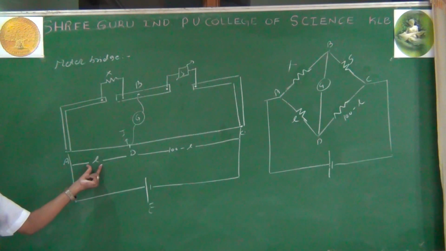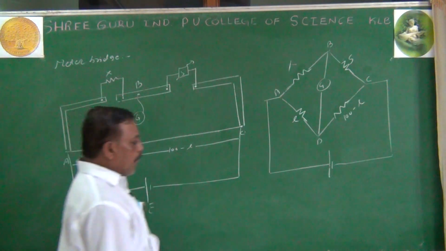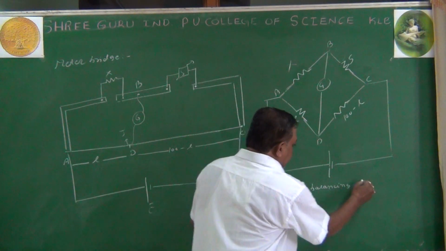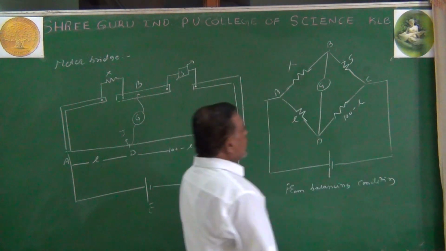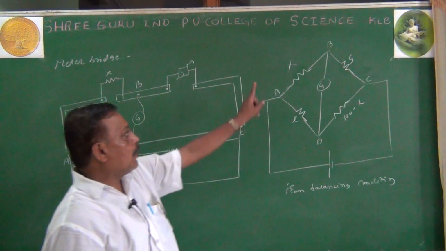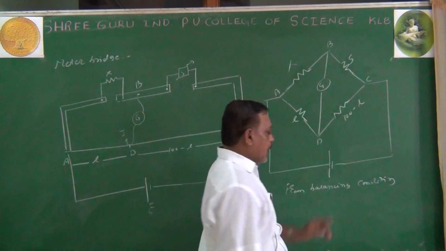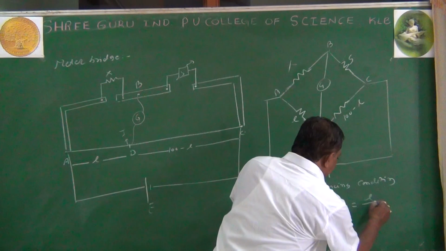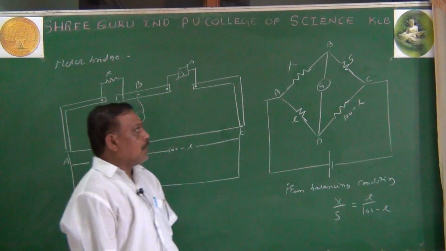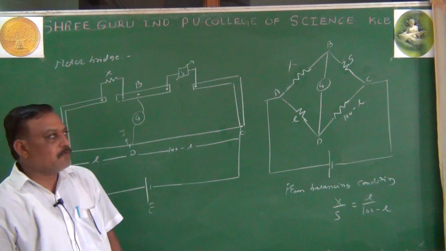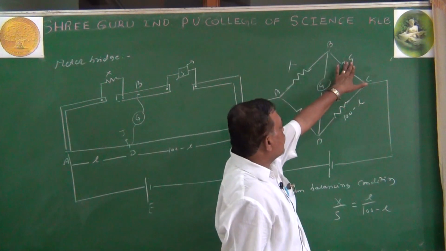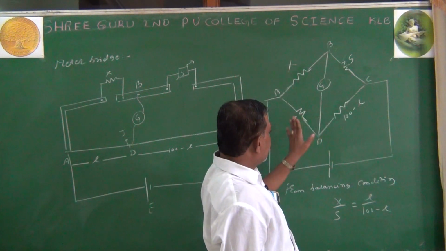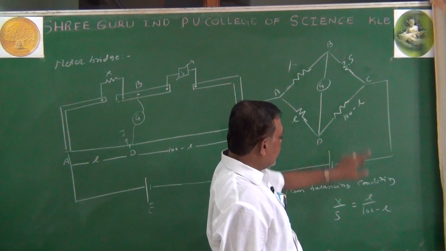So from the balancing condition, the ratio of arm resistances are equal: X by S equals L divided by 100 minus L. According to the balancing condition of the Wheatstone network, the ratio of arm resistances X by S and L divided by 100 minus L are equal.